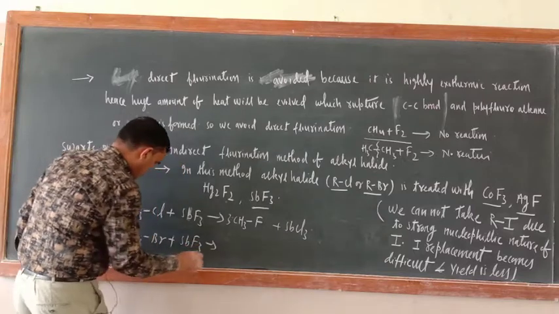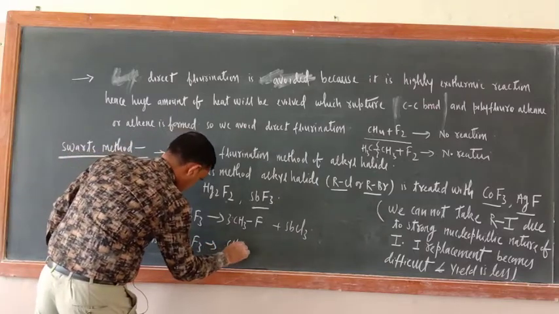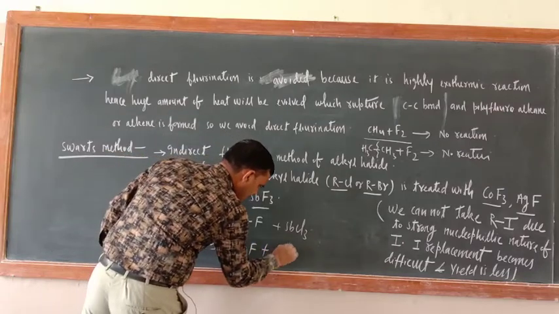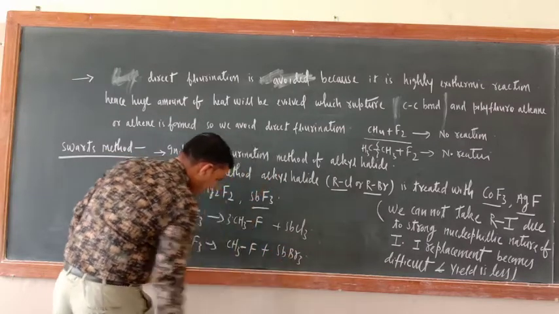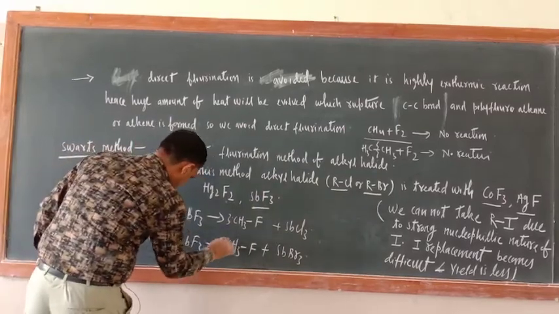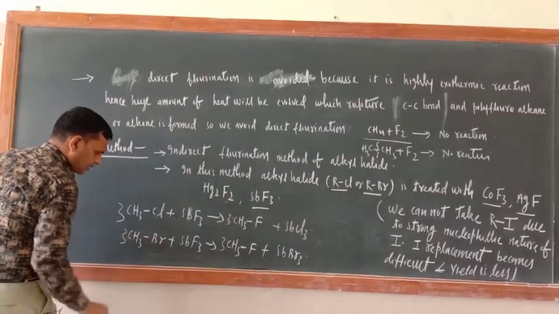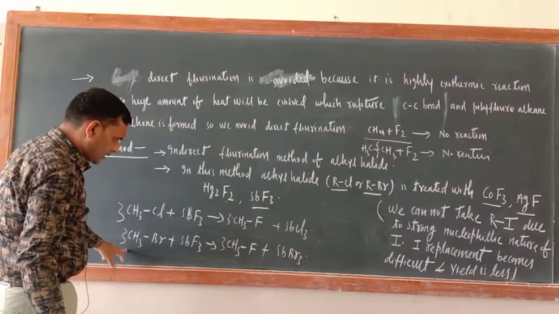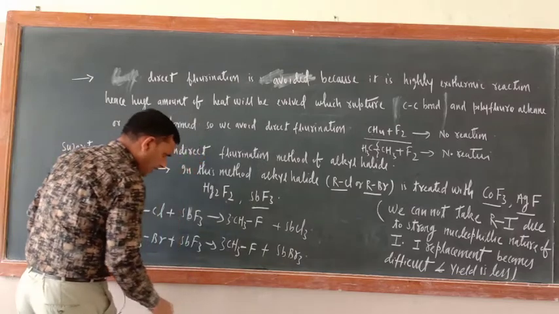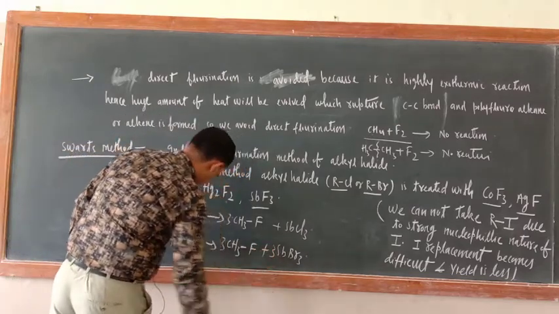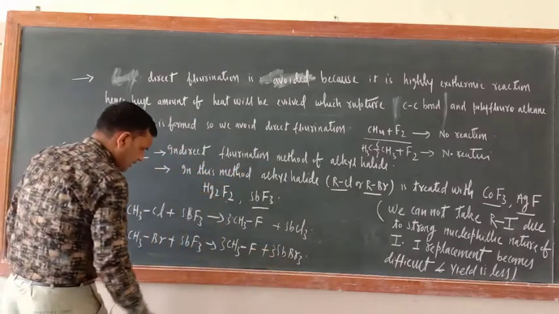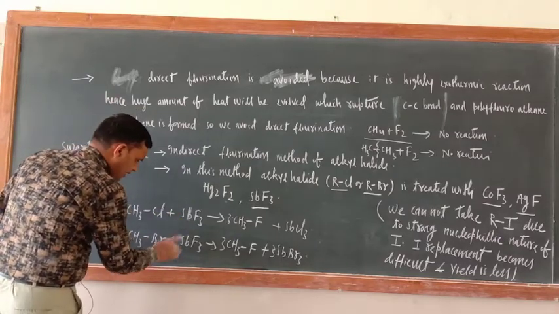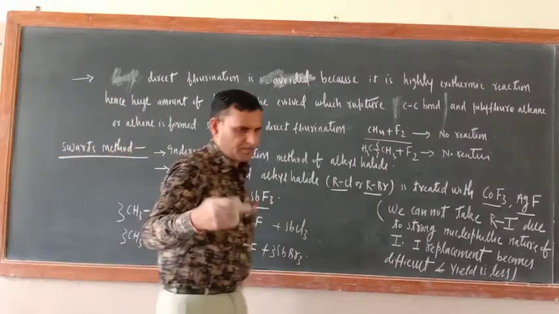So what is the product here? CH3F plus SbBr3. Correct or not? Just balance the reaction, this one and this one. So now 3Br, so here also you have to write 3 only, SbBr3. Yes, 3CH3. Correct. Now here also you should write 3. The moment you write 3, it will become 9.